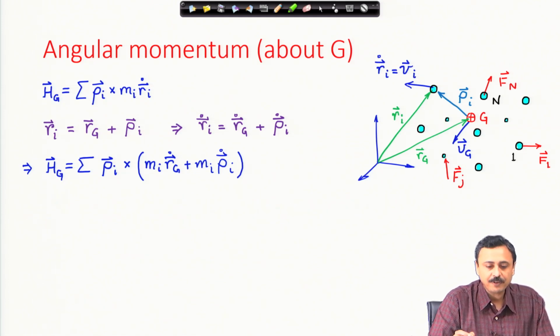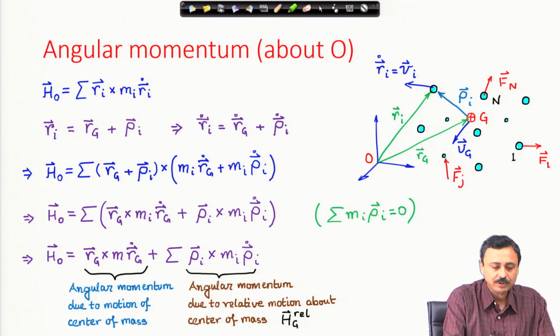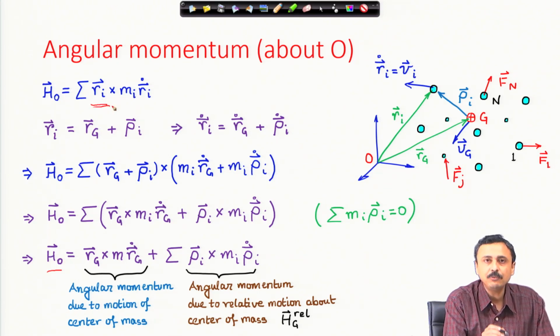The way we have defined in our previous discussions, we were defining the angular momentum about O, and that was taking the individual position vectors of the particles, taking the cross product with the linear momentum of those particles.